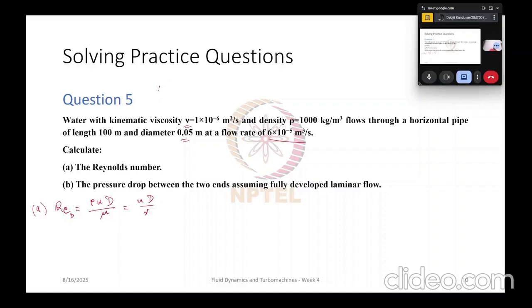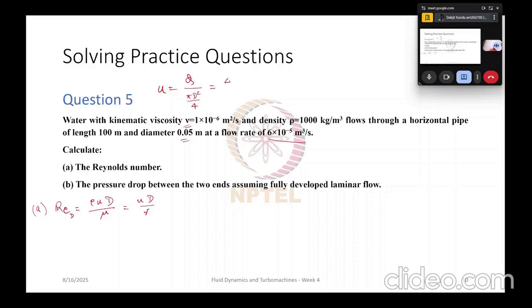So u is basically the average u, that is equal to the flow rate Q divided by the area, which is pi d square by 4.